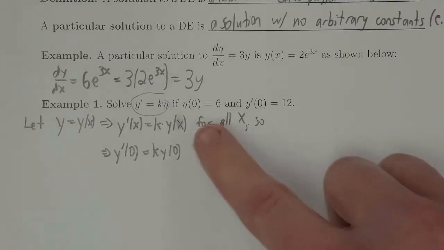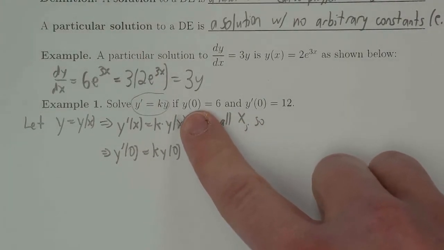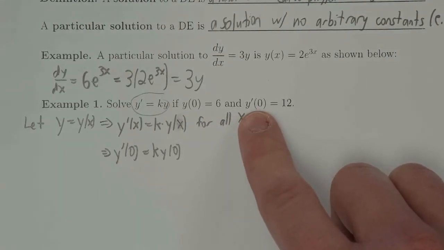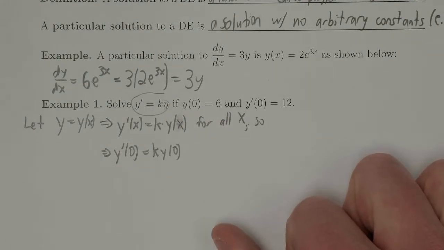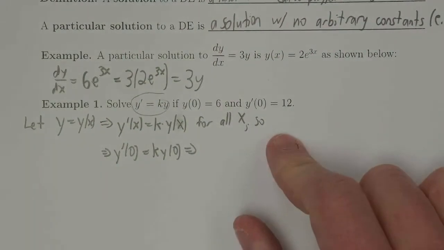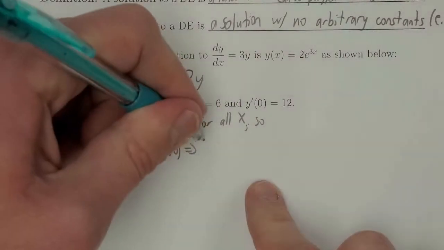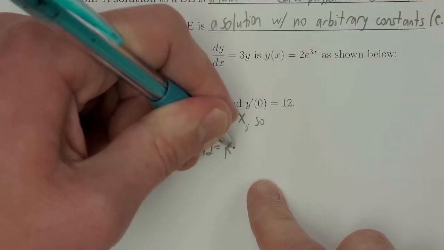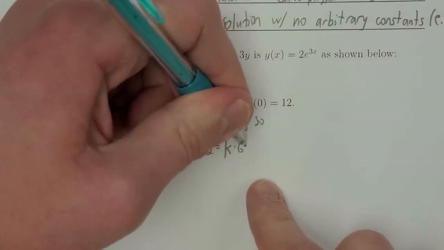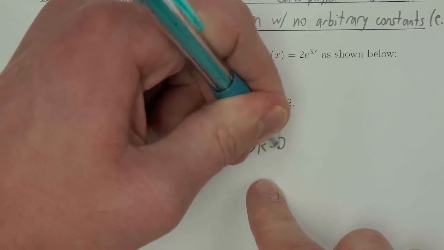And the only reason I can do this is because I have the function at a particular value and its derivative at that same value of x. So using our data here, what is the value of k? Yeah, just 2, right? Because y prime is 12, and 12 equals k times y of 0, which is 6. So you should be able to see pretty quickly that k is 2 in this case.